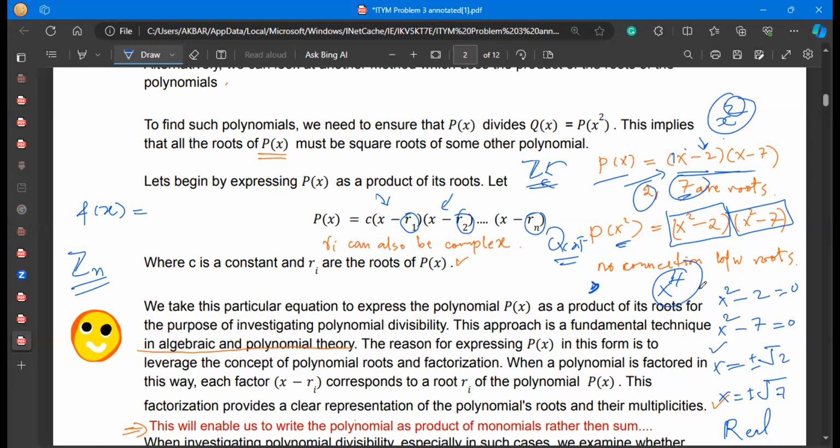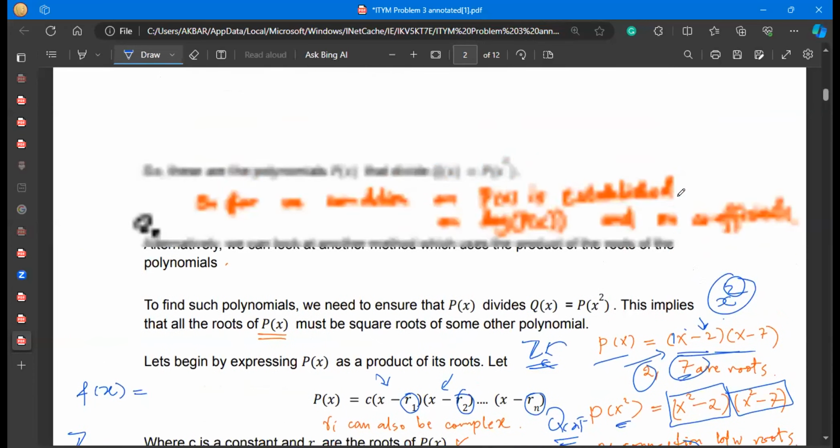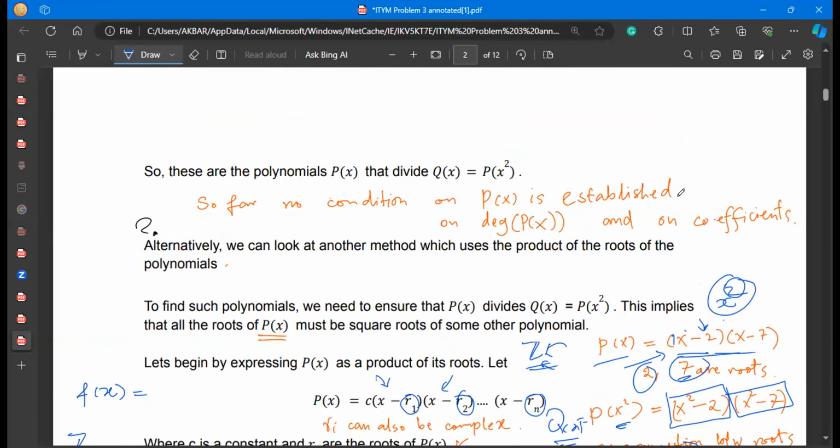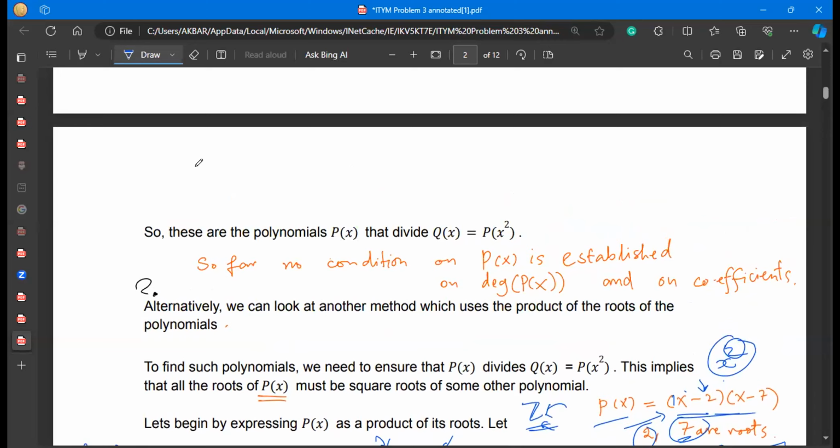I have to work out more examples in order to clearly get this. So do consider this when you talk about roots.